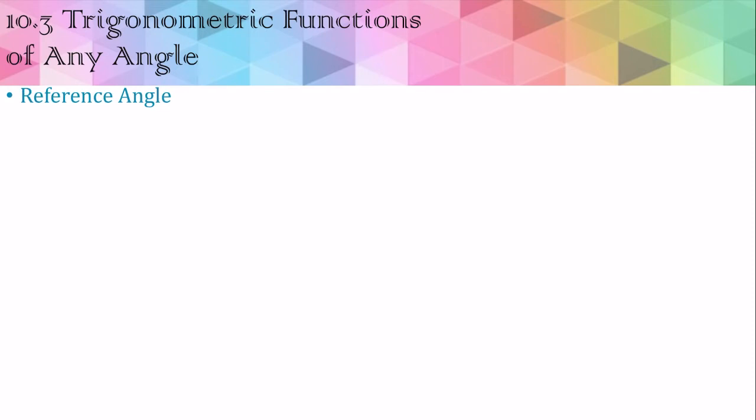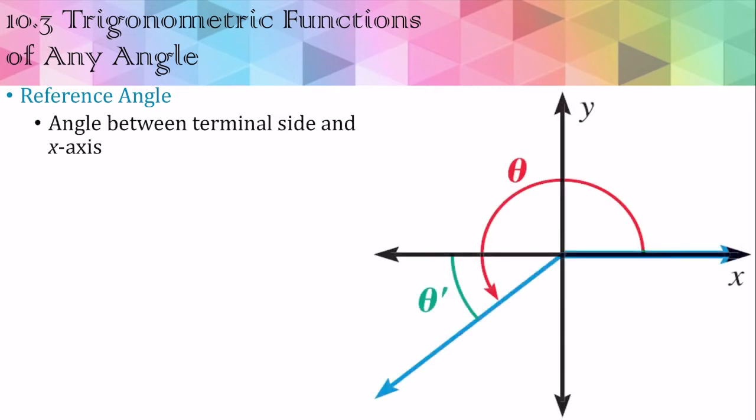To help us evaluate trig functions of any angle, we can use a reference angle, which is an angle between the terminal side and the x-axis. So this angle here, that's the reference angle. It always goes to the nearest x-axis.